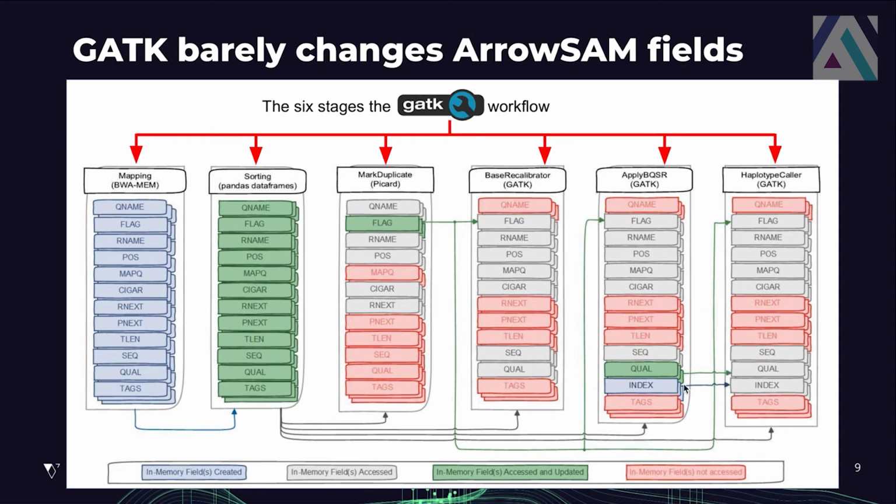But then in the 4 subsequent stages, these fields are barely touched. Most of the time, almost all the fields are either only read, represented by the gray color, or never even accessed, represented by the red colored blocks. Which means that storing the data in this columnar format is very beneficial to optimizing how many times we access the data in memory for DNA analysis pipelines, such as GATK.